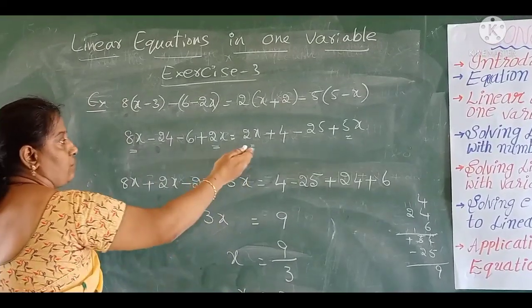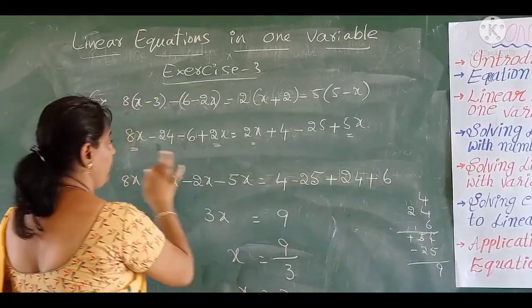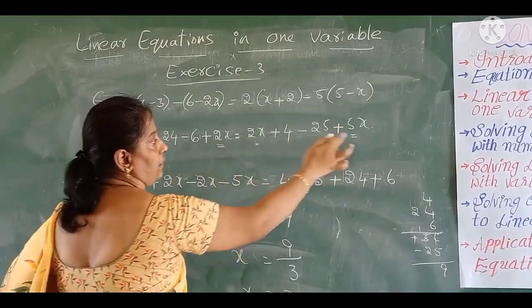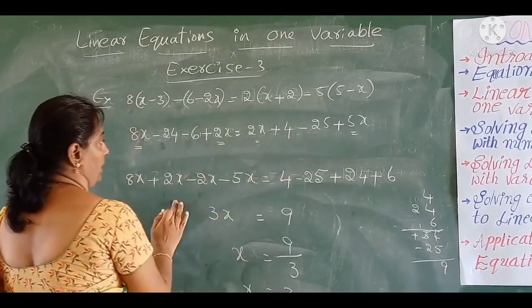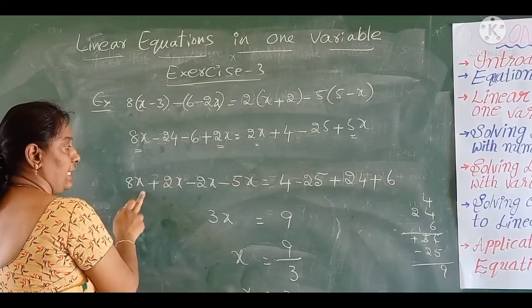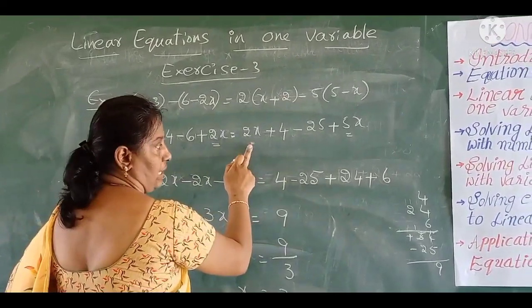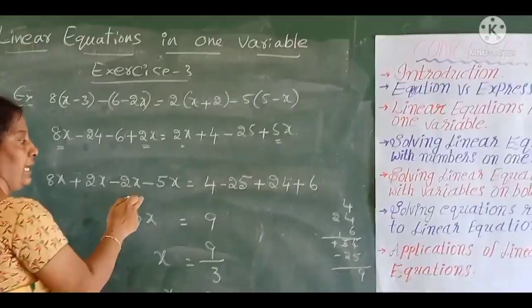So all variables move to the left side, all constants move to the right side. The variables are 8x, 2x, and 2x and 5x on the right side. So keep them on the left side. Already on the left side 8x and 2x are there. So 8x positive, 2x; the right hand side 2x and positive 5x moving to the left side will become negative.